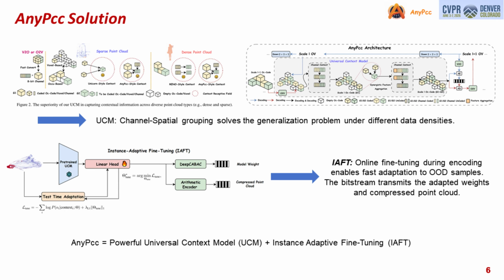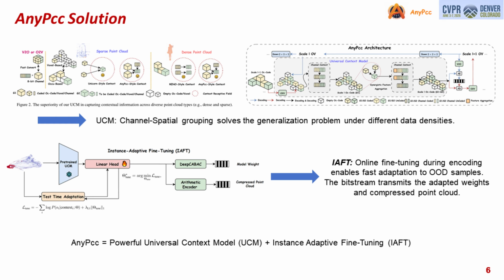The AnyPcc framework has two main components. First, the universal context model introduces channel spatial grouping. This design helps the model handle point clouds with different densities and spatial structures, improving its generalization ability across diverse data. Second, instance adaptive fine-tuning performs online fine-tuning during encoding.